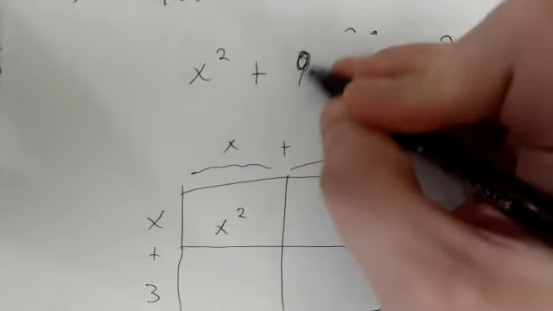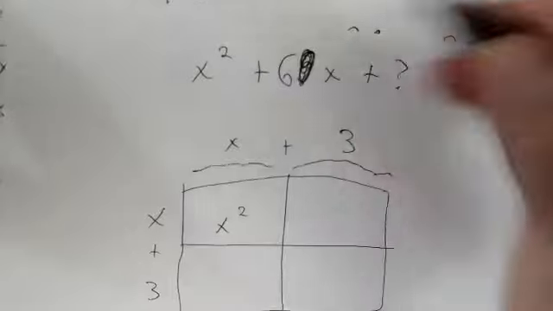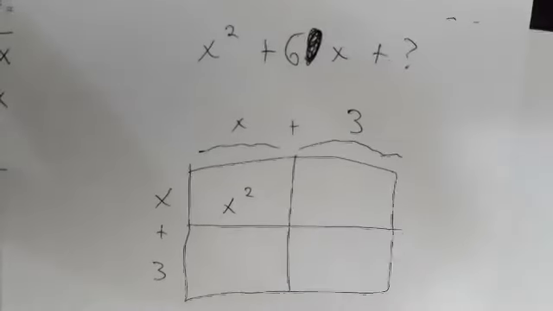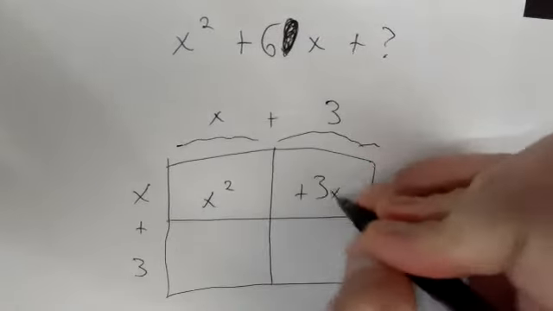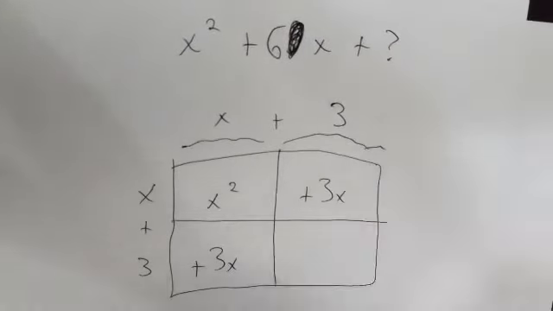Let's suppose we start with x squared plus 6x, because we know that much. Sorry, that should be the 6x. I was thinking about the other number. So we get something like this, plus 3x plus 3x.